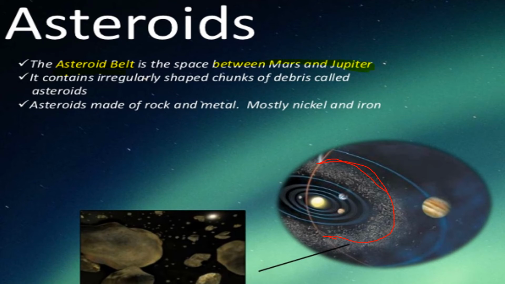So this is the area where it moves, right? They have an irregular shape, and they are made of rock and metal, right? These are the important points which you need to write down in your notebook.